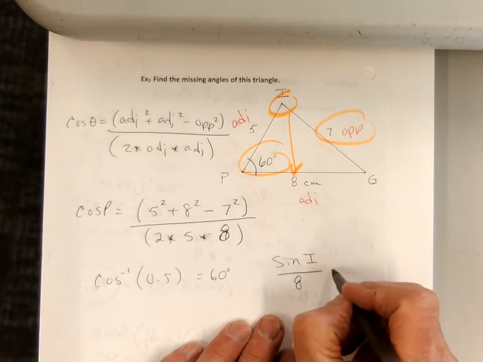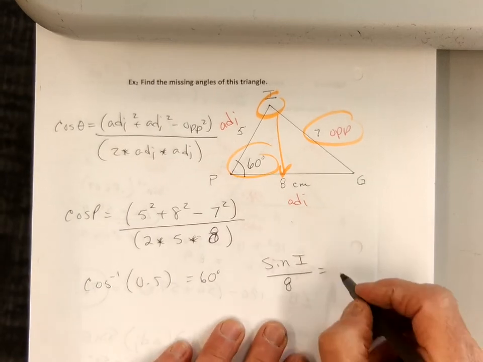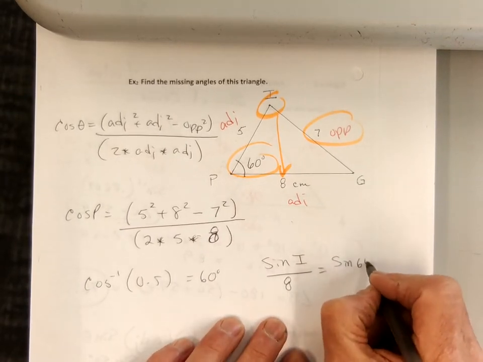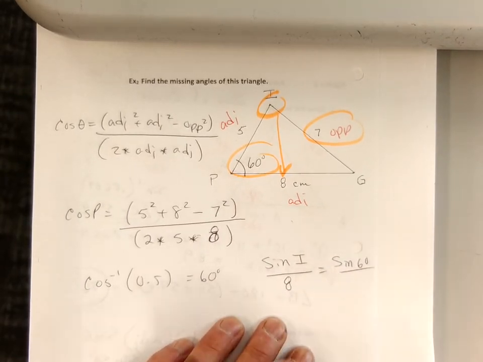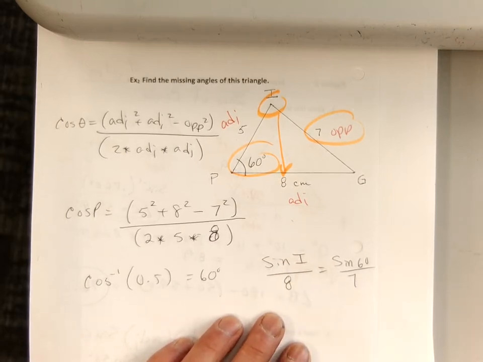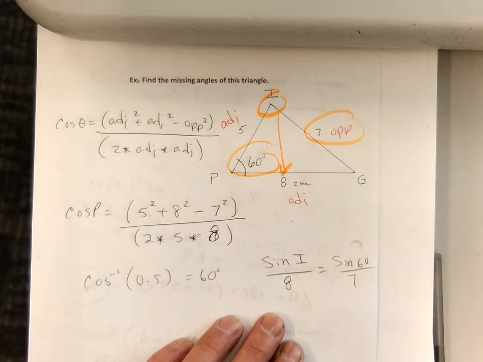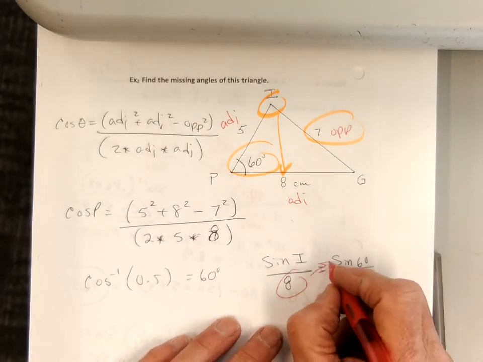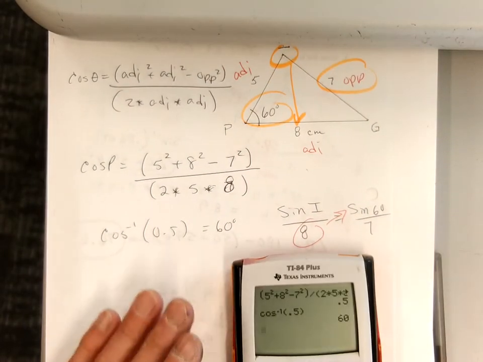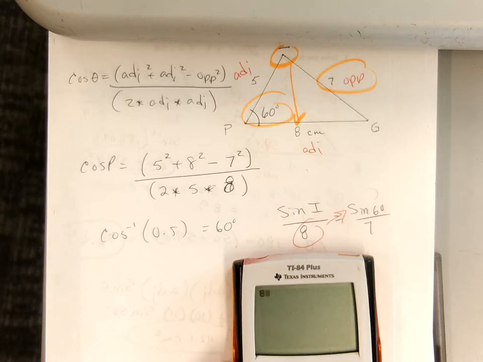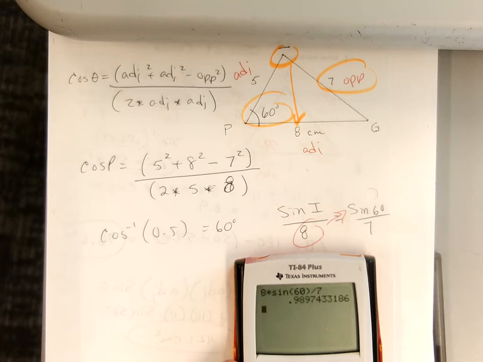Yes. Equals what? Sine of 60. Over what? Over 7. Awesome. Now what are you going to do? Multiplying by 8. See, this isn't hard at all, right? So I get 8 times sine of 60 divided by 7.